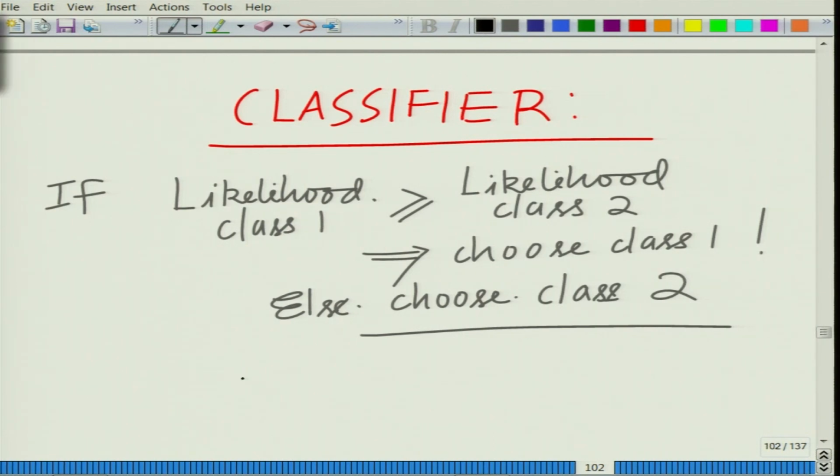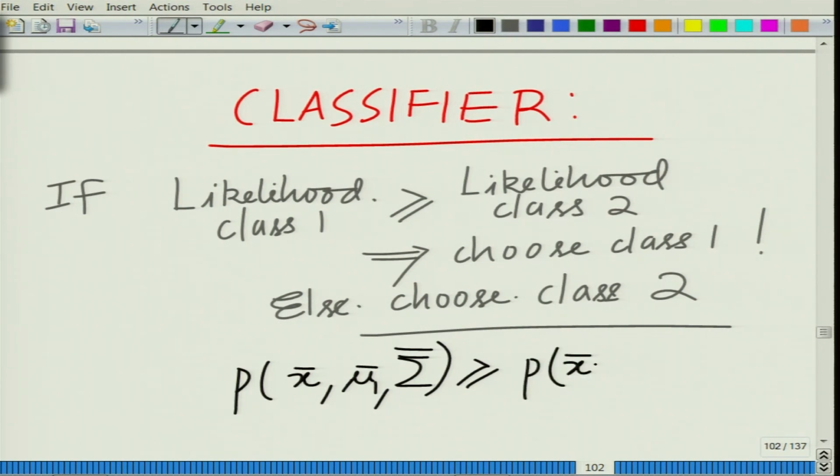If the likelihood, that is P of x bar given mu1 bar, sigma, is greater than or equal to P of x bar given mu2 bar, comma sigma, then you choose class 1.